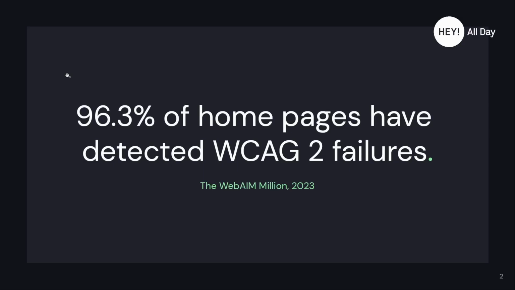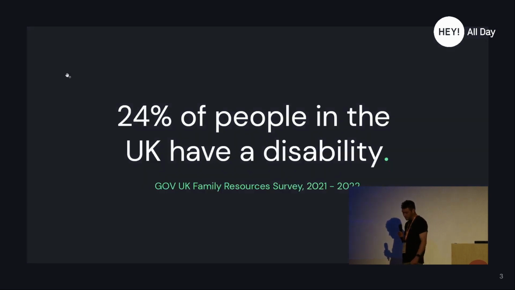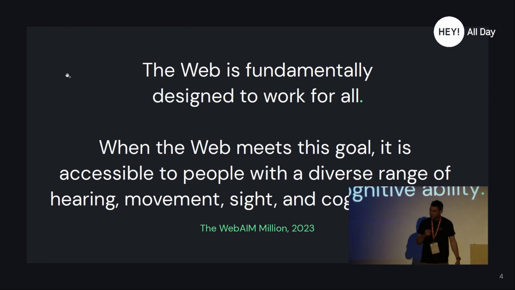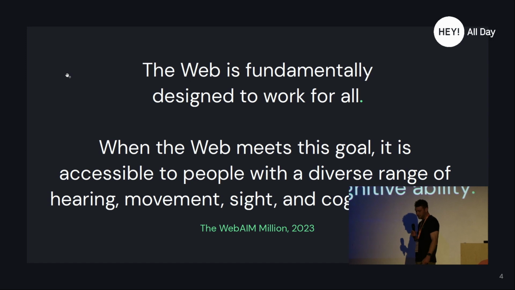So 96.3% of home pages have detected Web Content Accessibility Guideline 2 failures. This is just home pages alone, tested over 1 million websites by WebAIM. And then when we consider that 24% of people in the UK have a disability, and that the web is fundamentally designed to work for all, and when the web meets this goal, it is accessible to people with a diverse range of hearing, movement, sight, and cognitive ability.